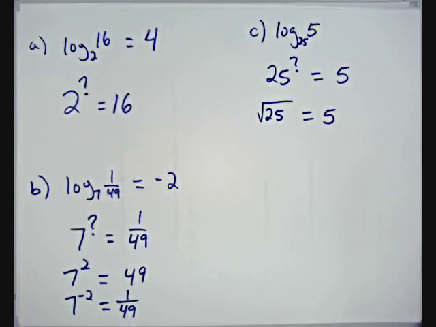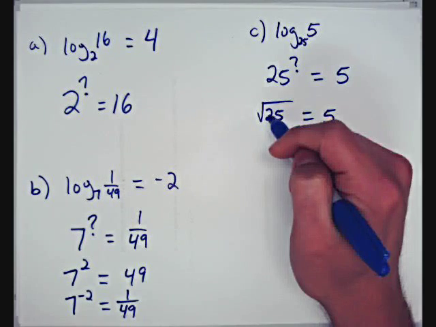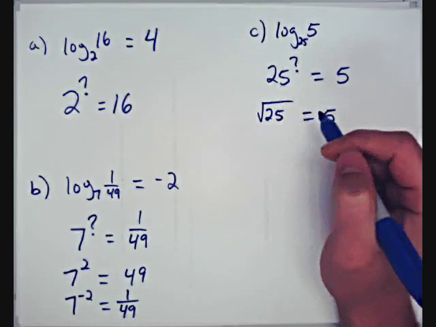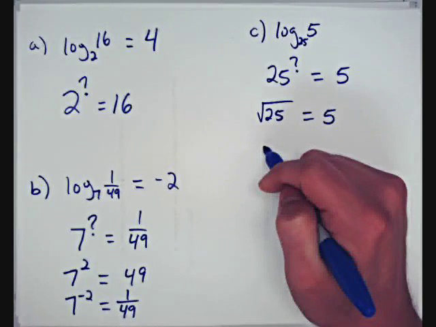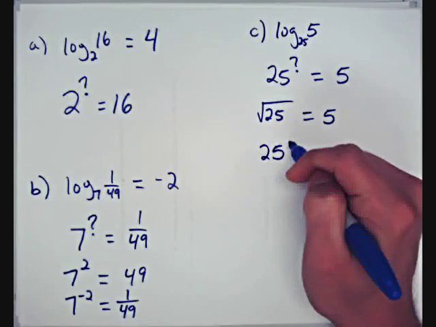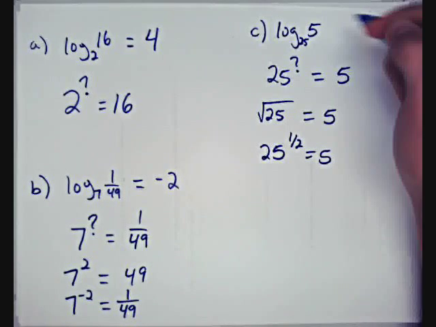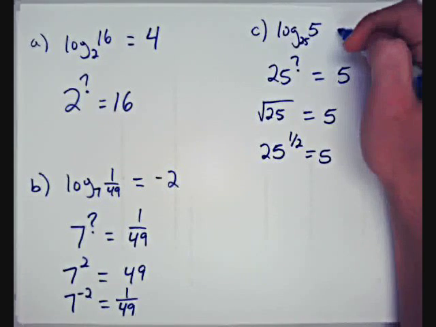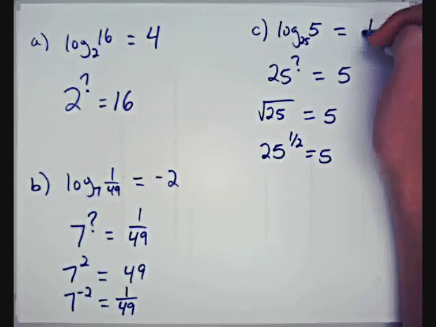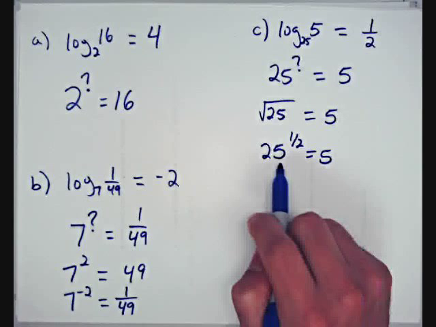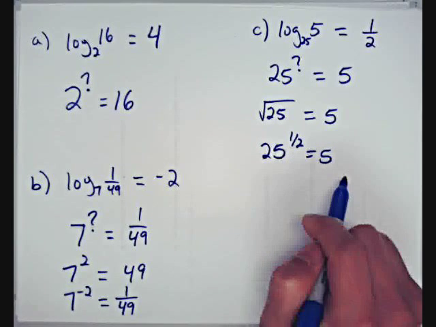And in terms of exponents, there's one additional exponent rule that you have to remember, and that is that roots can be expressed as fractional exponents. The square root of 25 is the same thing as 25 to the 1/2 power. So the log of 5 base 25 evaluates to 1/2, since 25 to the 1/2 power equals 5.